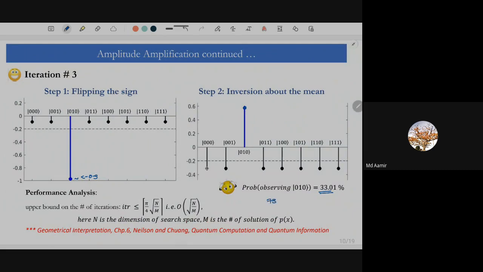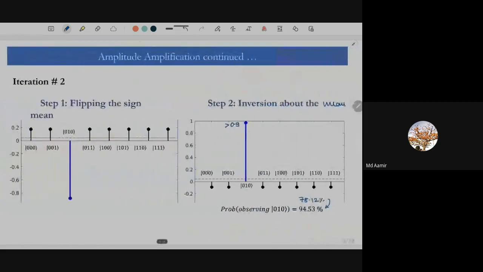We got 78.12% to 94%, and then we got 33%. So we have a huge reduction here, even less than the 78.12%. The reason for this huge reduction from 94 to 33 is that earlier, when we did the flipping of the sign, all these black sticks came to the negative side.